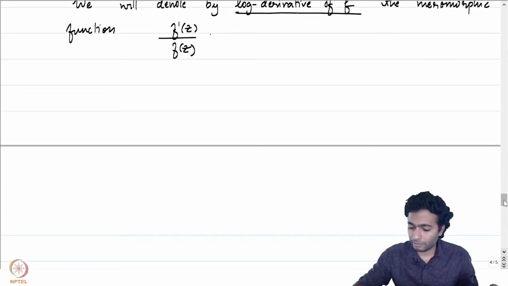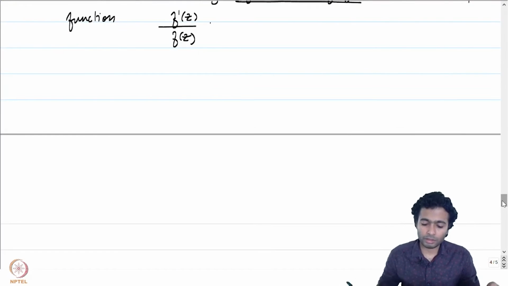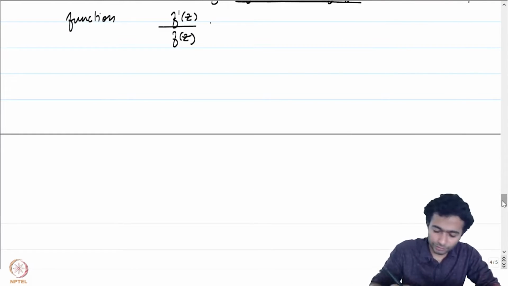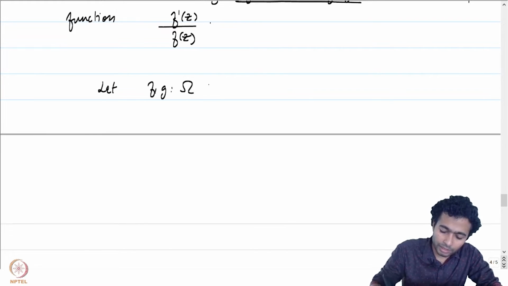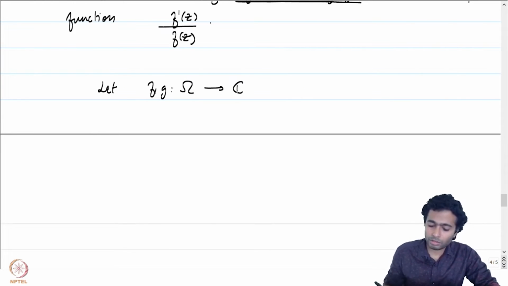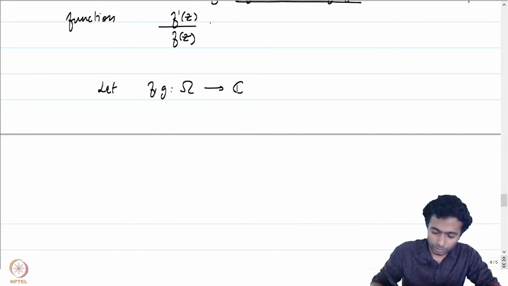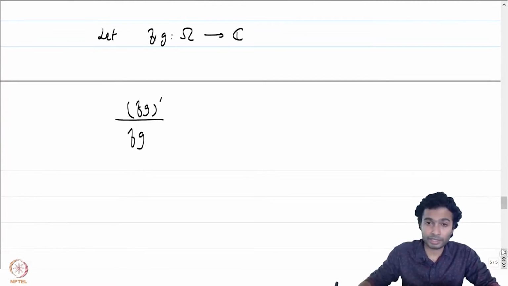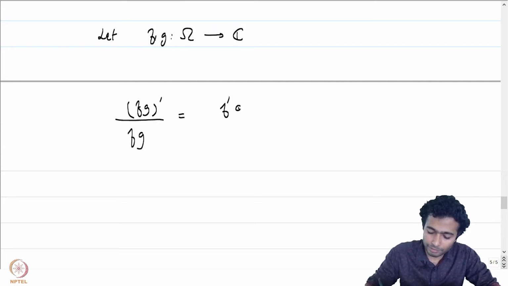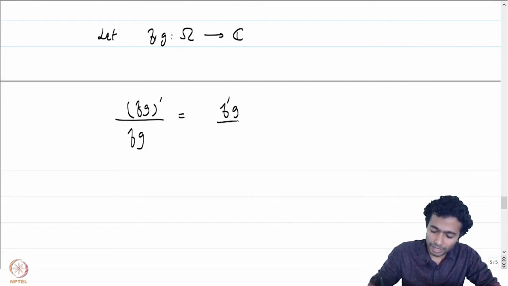The log derivative is well behaved and consistent with what we would expect. So, for example, if f and g are two functions on omega, what can we say about the log derivative of f times g? So, what will we get if we look at fg prime by fg? By looking at the product rule, we will be able to write this as f prime g by fg plus fg prime by fg.